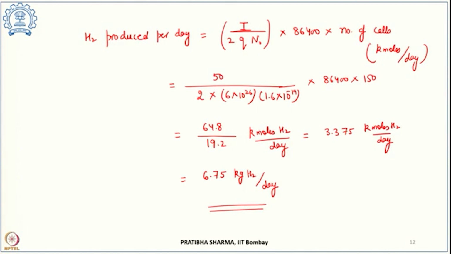Now, the another part is we have to find out the cost of hydrogen being produced per kg of hydrogen. So, the cost of hydrogen which is being produced we have to find out per kg of hydrogen.